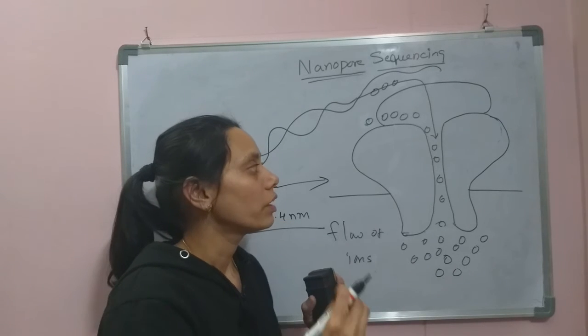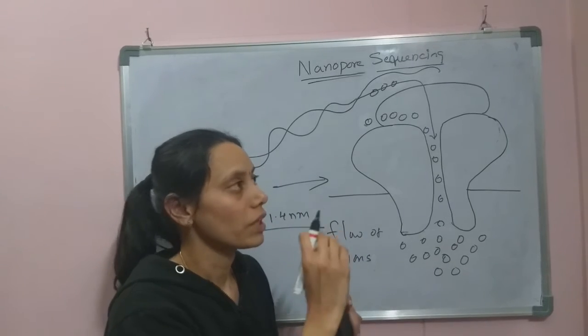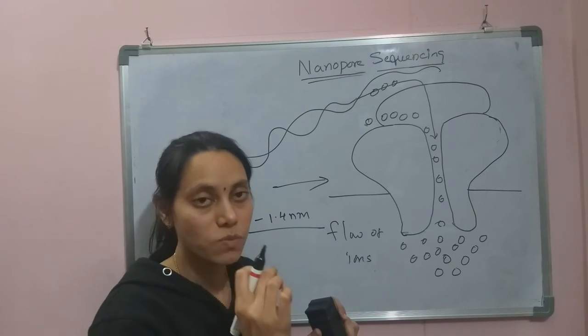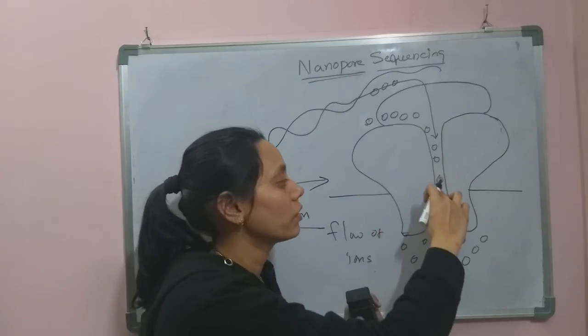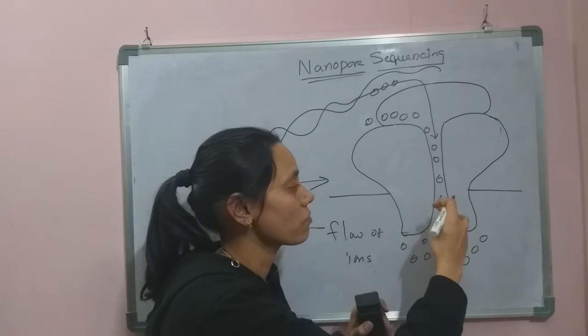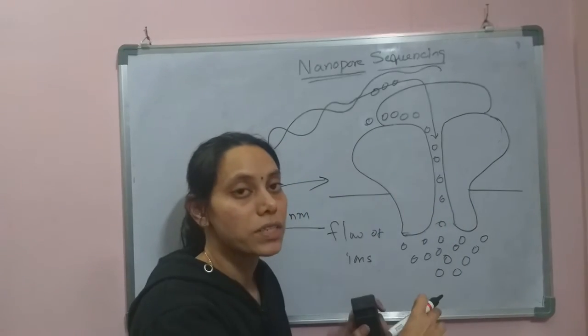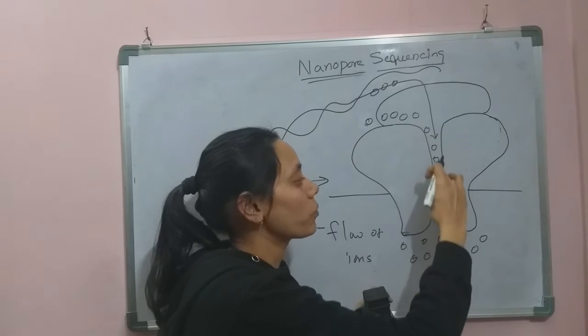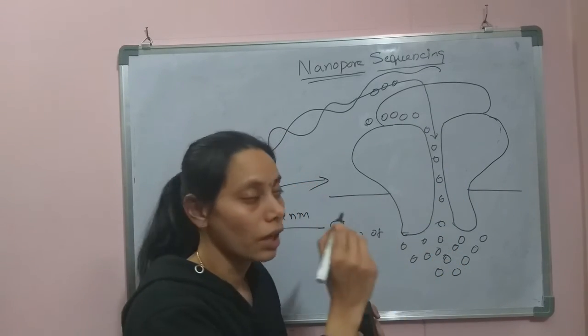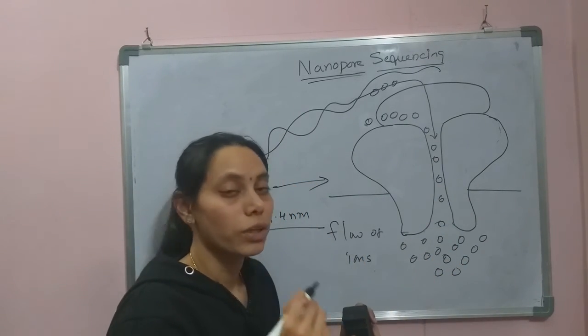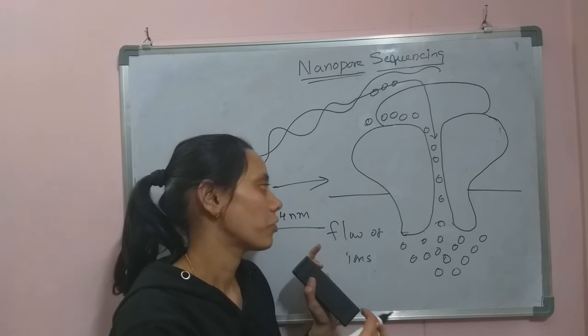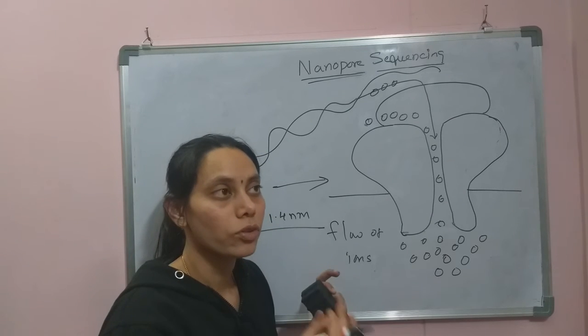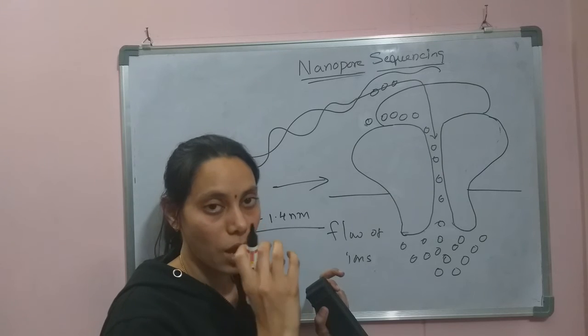So during that very small period of time, one nucleotide will pass across the membrane, the ionic current will be disturbed and the flow of ions will be disturbed due to the physical obstruction.